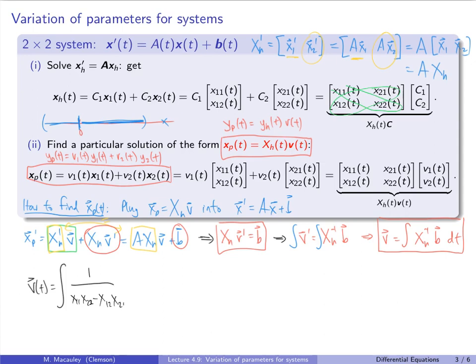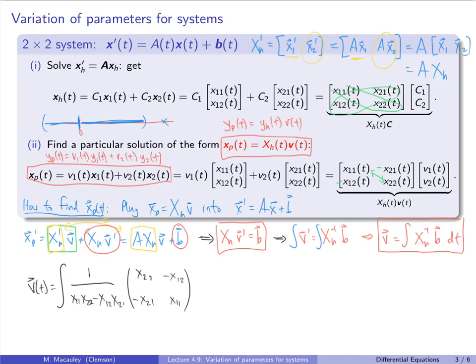And then remember how else you find the inverse of a matrix? You swap these 2 entries and you put negative signs in front of these 2. So I'll put that matrix: x22 and x11, and then negative x21 and negative x12.